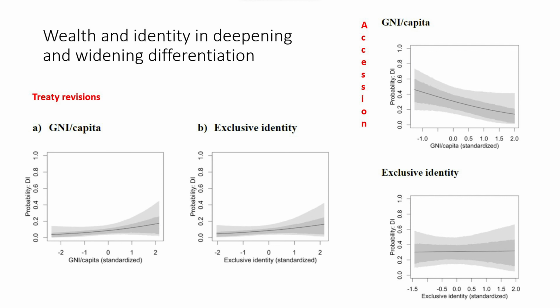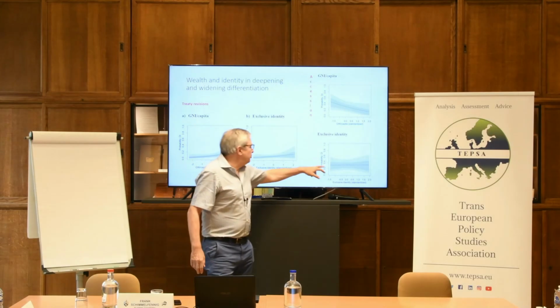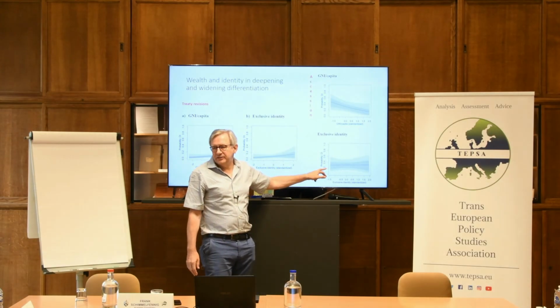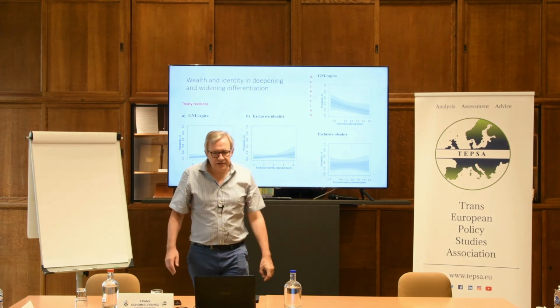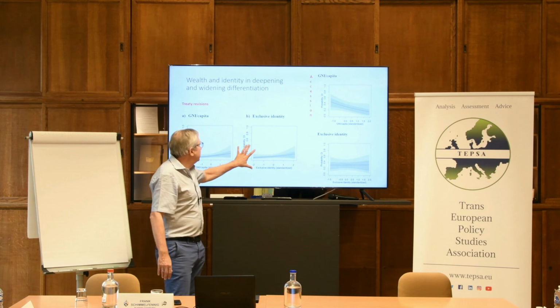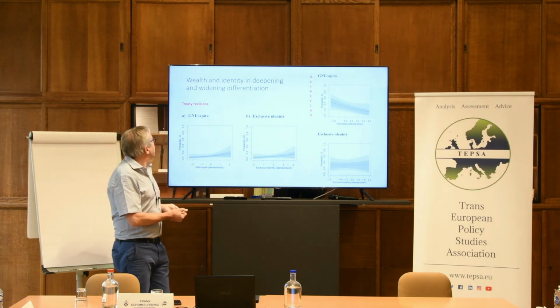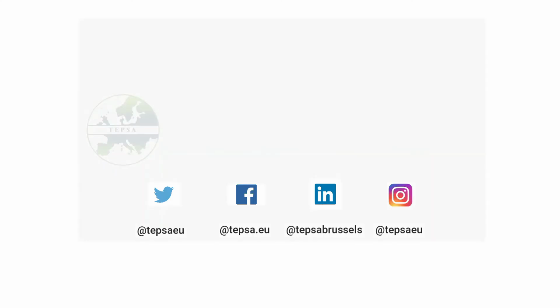And here we have a much stronger effect, both in terms of the level of probability, but also in the line that we see, it's steeper than the lines that we see here, whereas we basically have no identity effect at all. So it doesn't really play out in the accession treaties, whereas it plays out in the treaty revisions.